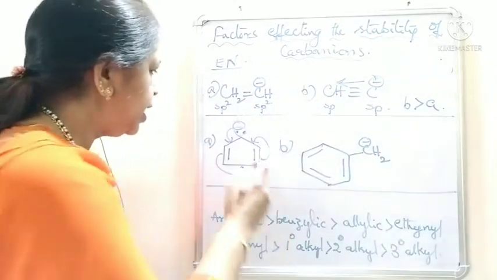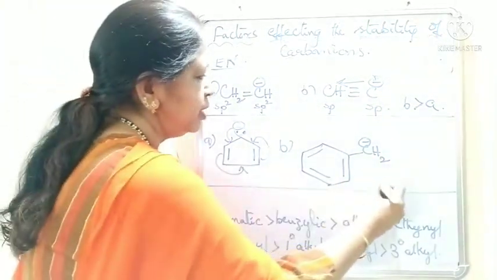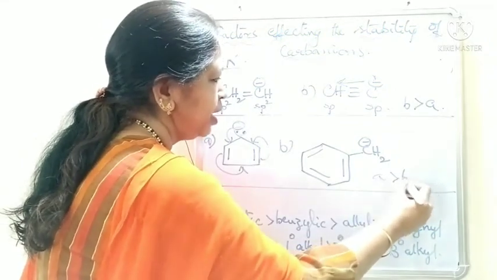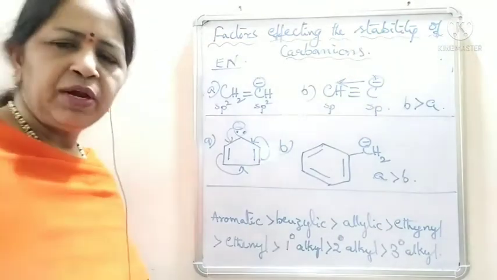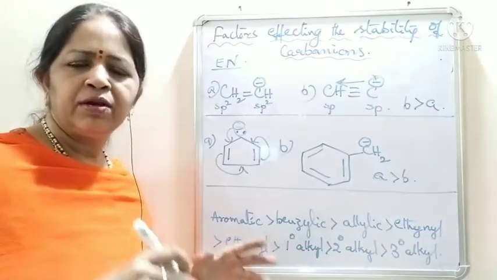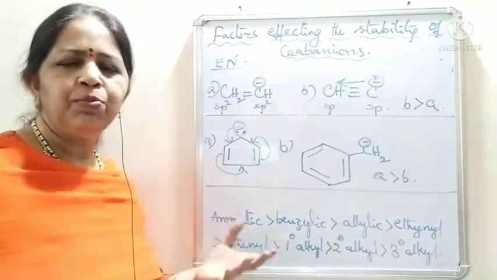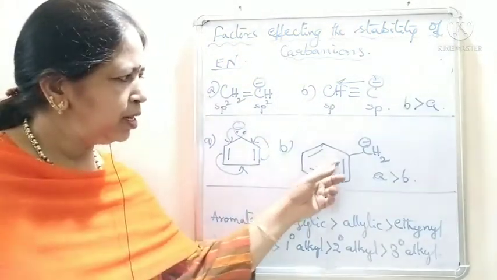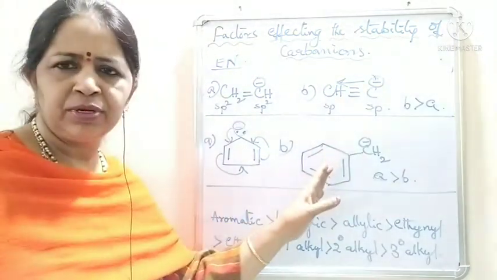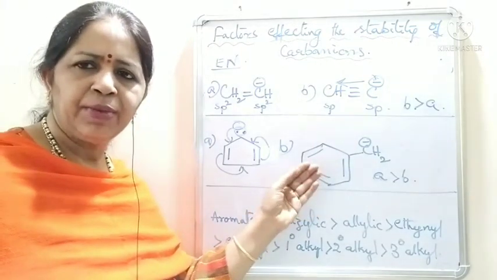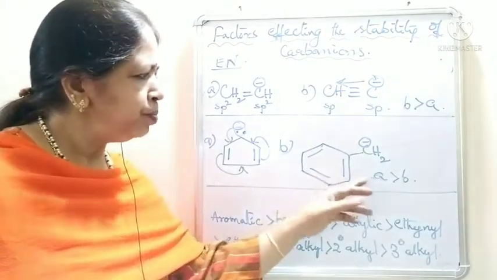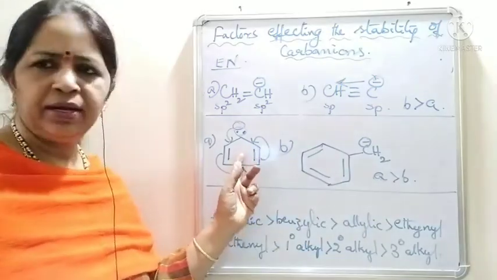So, A is more stable than B in these two examples. If the lone pair is responsible for the aromatic nature, then that will be more stable. Here, this lone pair is not responsible. It is just increasing the aromatic nature. So, B is less stable than A.